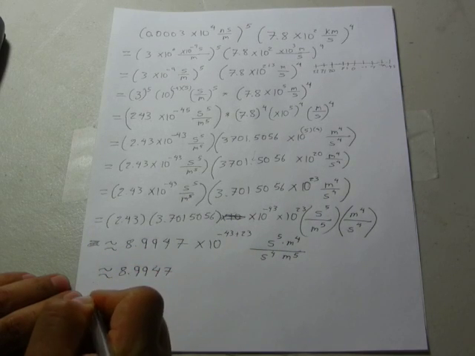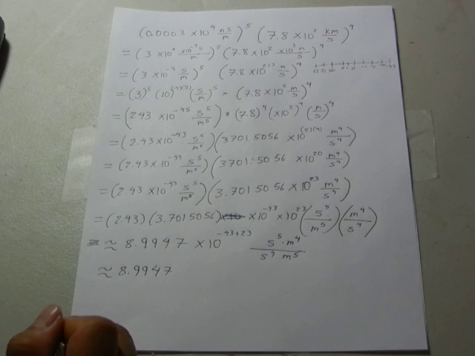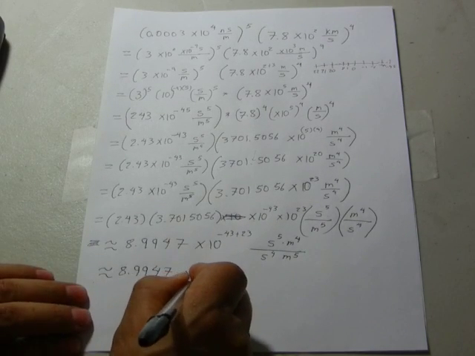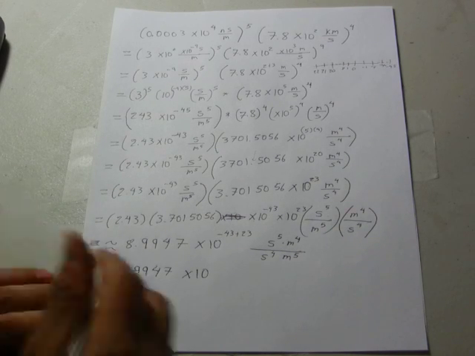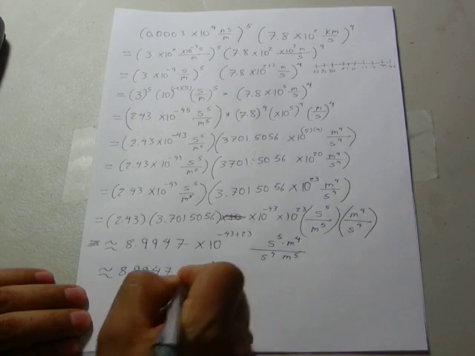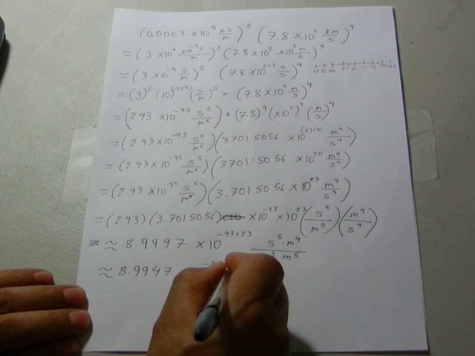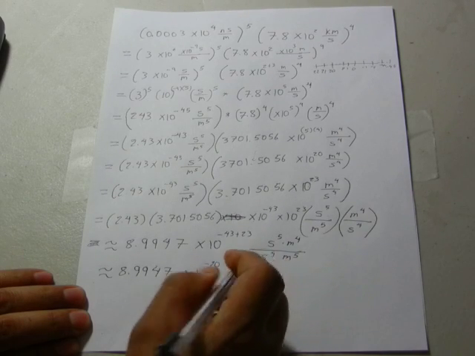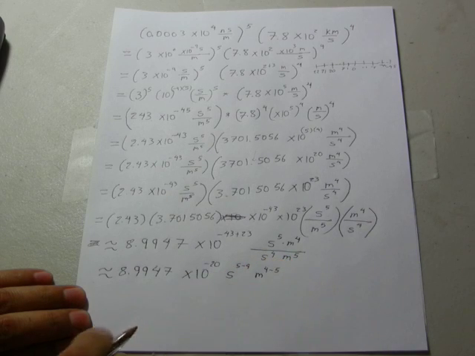8.9947, let's see, times 10 to the minus 43 plus 23, we are going to have 20 negative, and in division with the same base we subtract, so we have seconds to the 5 minus 4, and meters to the 4 minus 5.